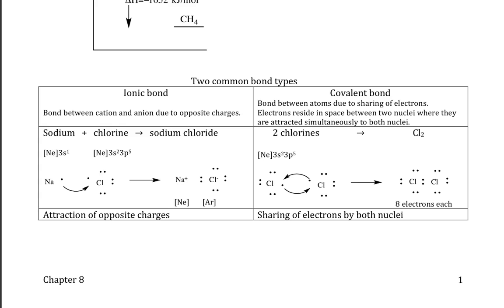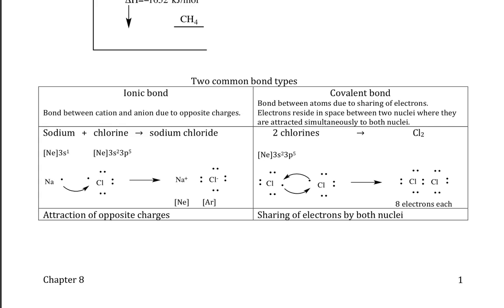So going back to the left side of that table, the ionic bond, when sodium is the atom, it has the electron configuration [Ne]3s1. By the way, get a periodic table. Maybe stop the video and get a periodic table to have beside you if you don't already have it available. So sodium, neon, 3s1. Chlorine, neon, 3s2, 3p5.